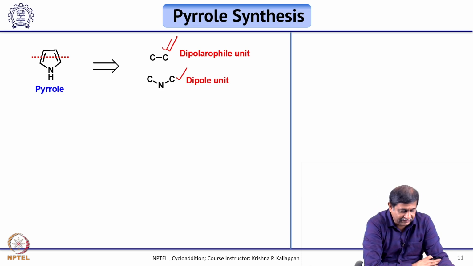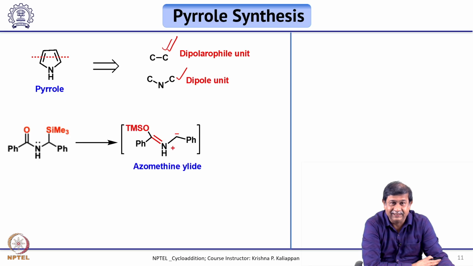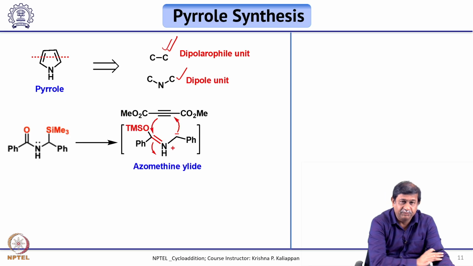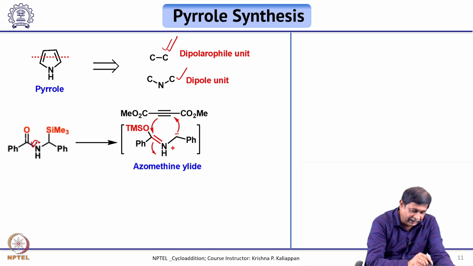So look at this example here. When you treat this with a dipolarophile, the dipolarophile is dimethyl acetylene dicarboxylate. The azomethine ylide is generated in situ through this mechanism. Now the lone pair on the nitrogen pushes the oxygen to attack the silicon.